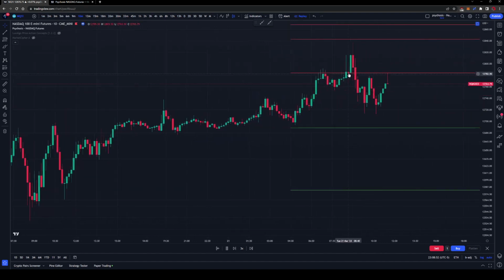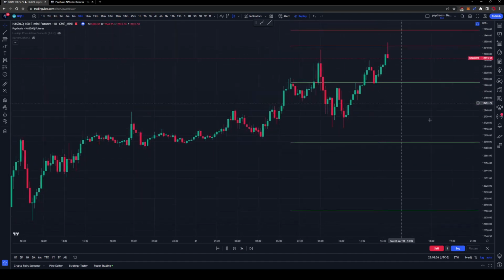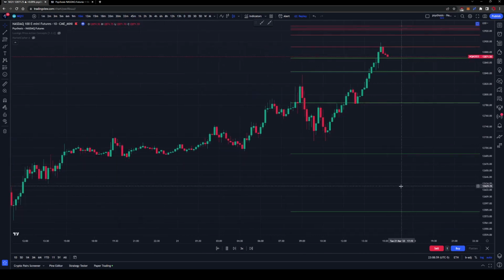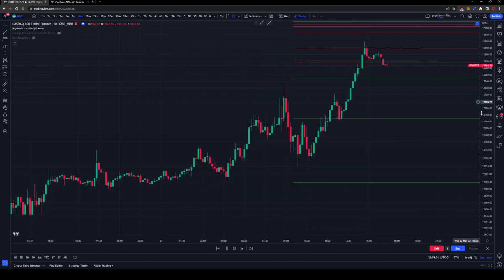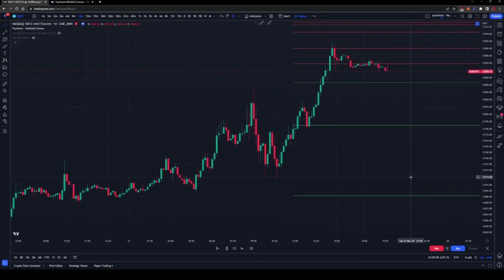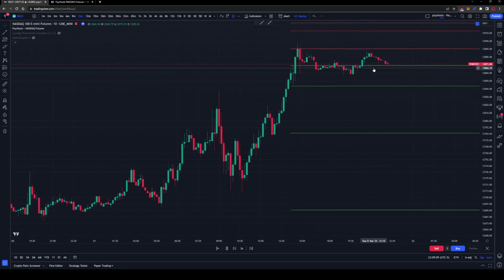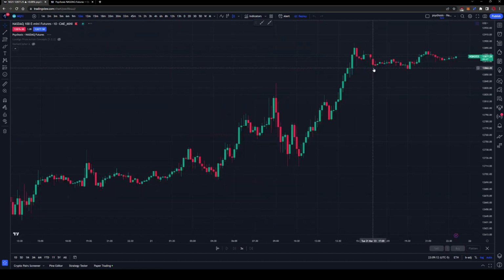You had a break and then test. Boom, shot up. You could have got a good trade there, took the retest. You see how, if you play support and resistance trading styles and strategies with that, these work phenomenally well.